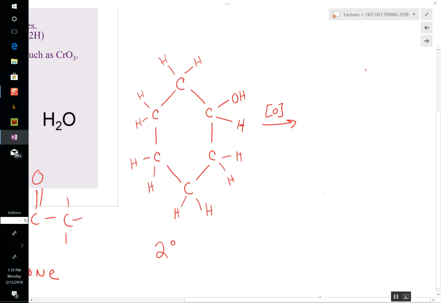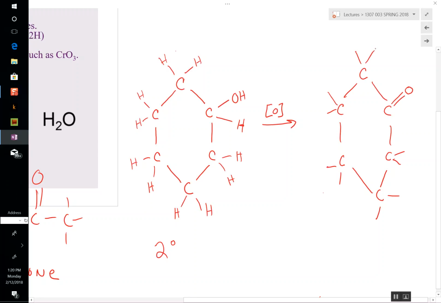So you're probably going to get something like this, and you're going to get a double bond right there. And then you're going to have your hydrogens coming off of there, and that's it for that one.